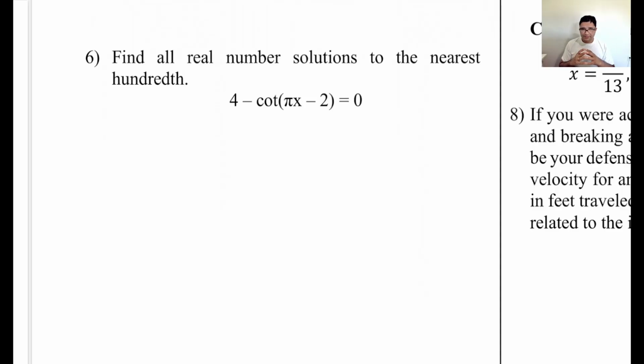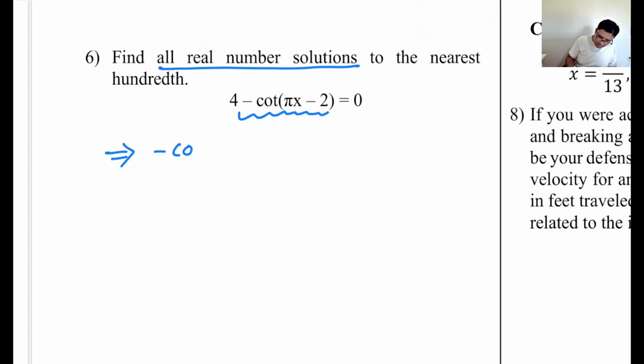Find all real number solutions to the nearest hundredth. Now, it is again asking us to write all general solutions, but it says nearest hundredth because what you are going to see here is not going to be a standard angle. Let us try. What do we get? I have to solve. I'll isolate the cot first.